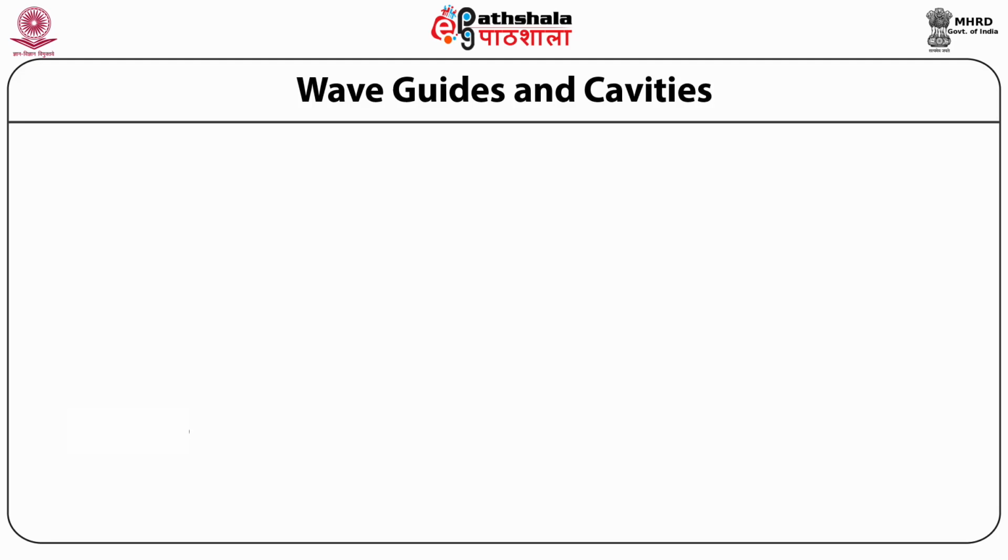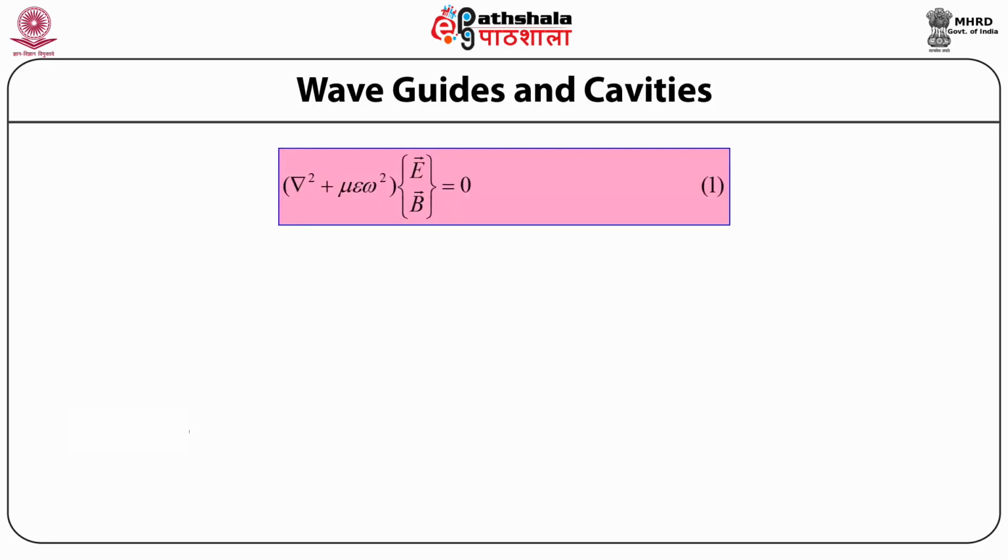For such a situation, we can combine the Maxwell's equations to give two equations. The homogeneous equations can be combined into one equation and rewritten as del square plus mu times epsilon times omega square, whole within brackets, times the magnetic field induction vector B is equal to 0.